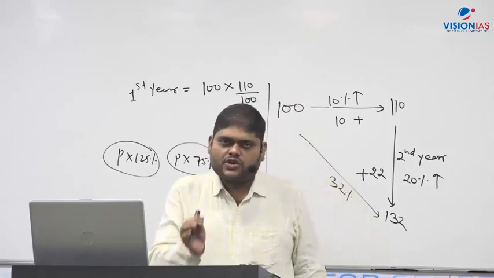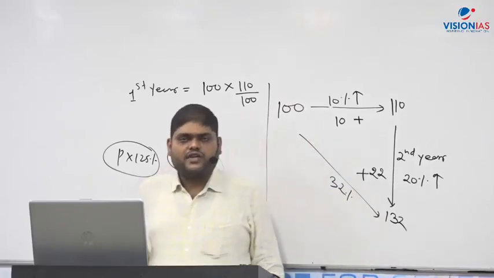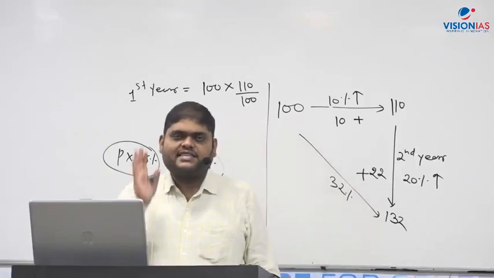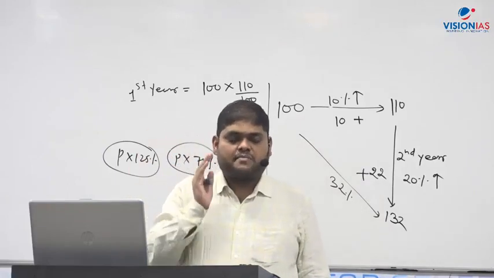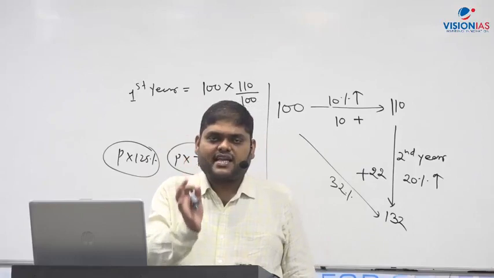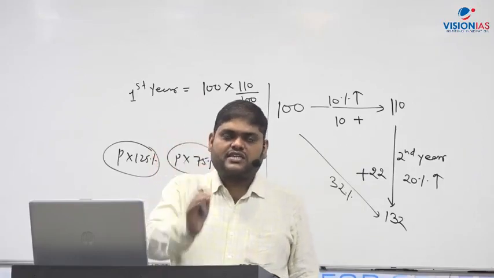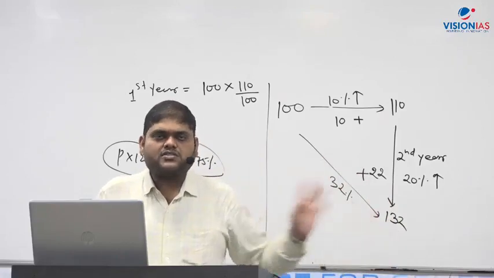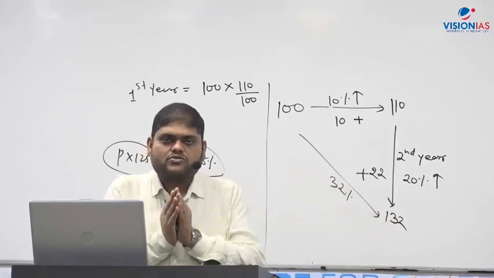And I will make sure you are able to solve 15 to 20, because as soon as percentage is clear to you, 10 questions are done. Even if you attended yesterday's class and all the concepts are clear, at least 6 to 7 questions are done.